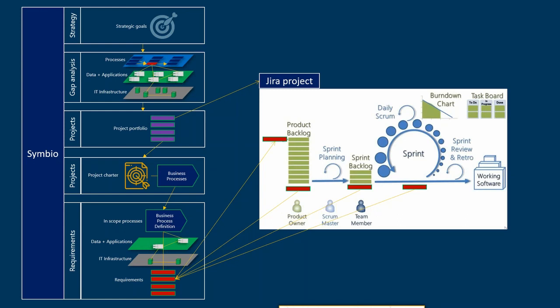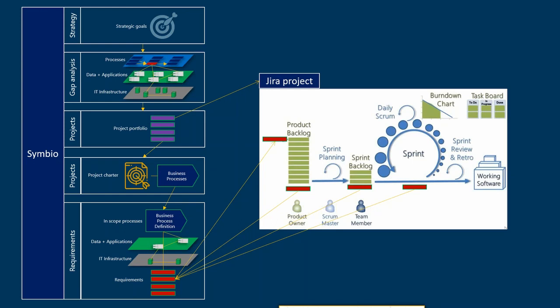So in short, Symbio, a fantastic platform to not only design your solution, but also to use it as an integrated management system. And on the other side, Jira, a good platform to actually manage project delivery in the sense of agile projects, for instance. And like I said earlier, I'm hammering the agile thing here.